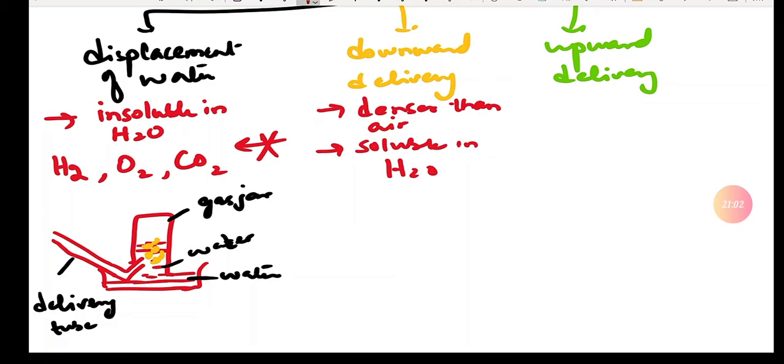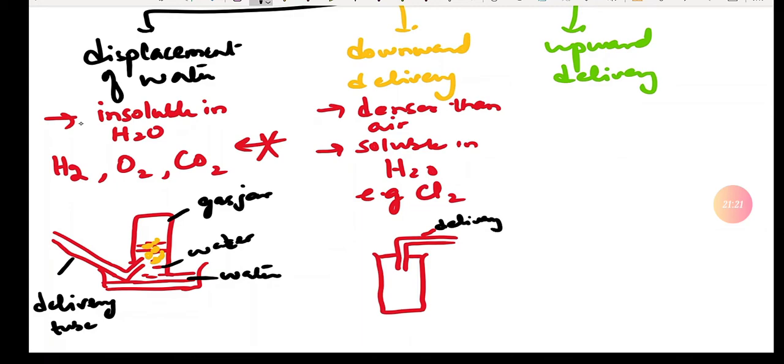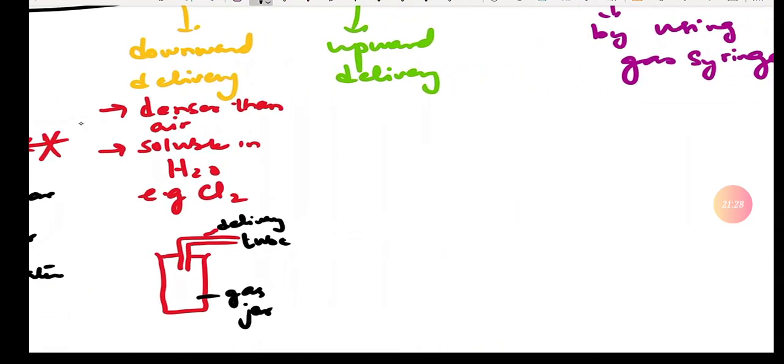For example, chlorine. Let's talk about its apparatus setting. You have a delivery tube and it is simply entering a gas jar, and the gas jar is closed. So you have a delivery tube and gas jar.